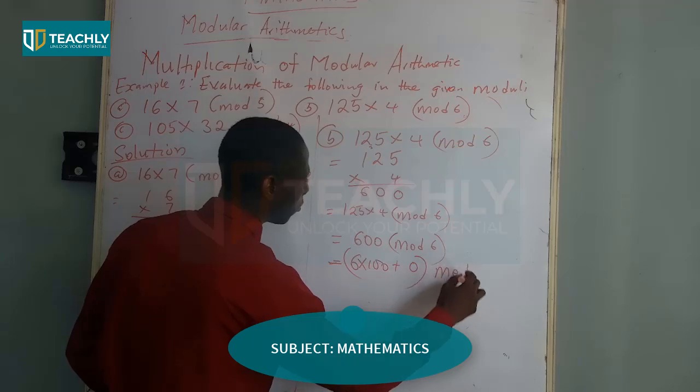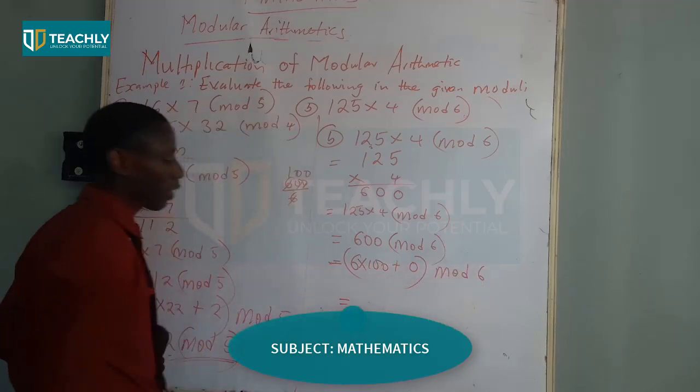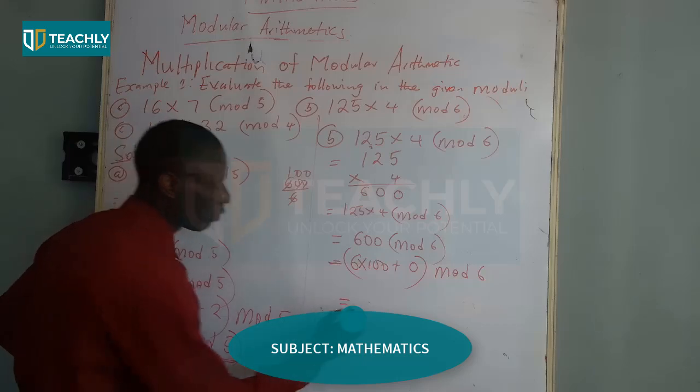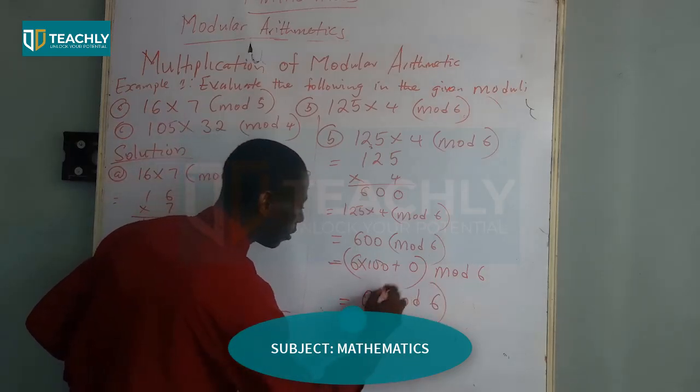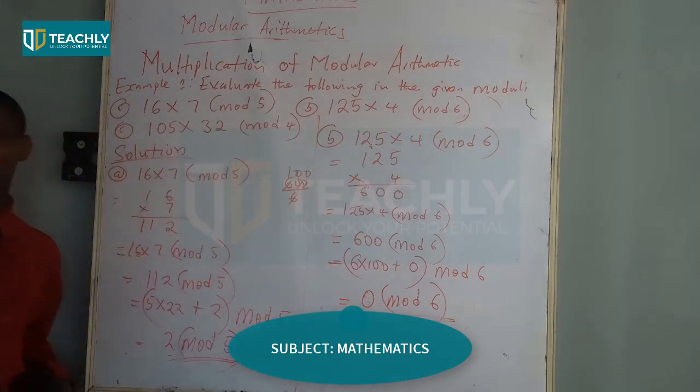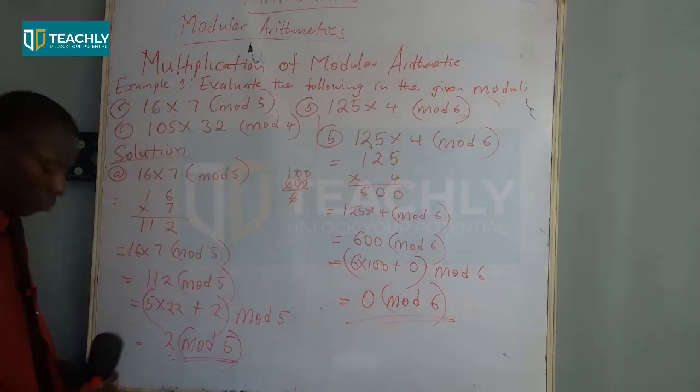In modulo 6, the final answer will now be 0 modulo 6.